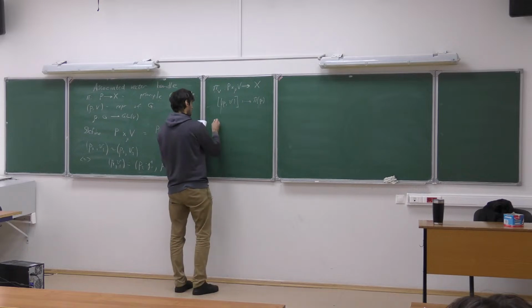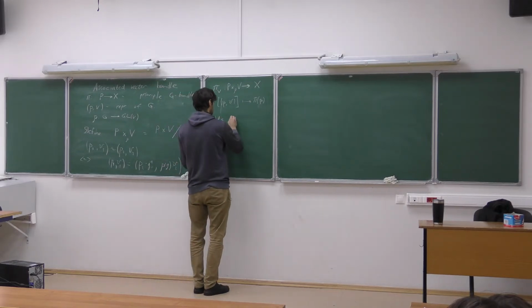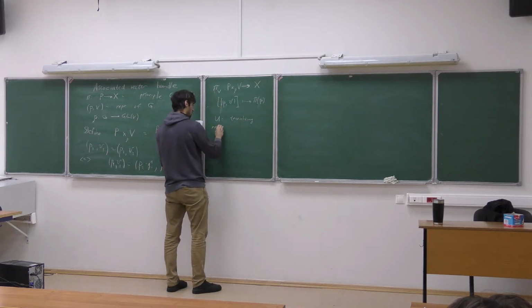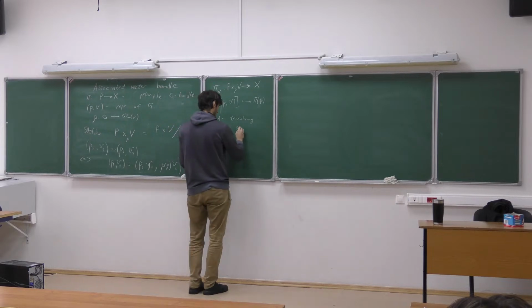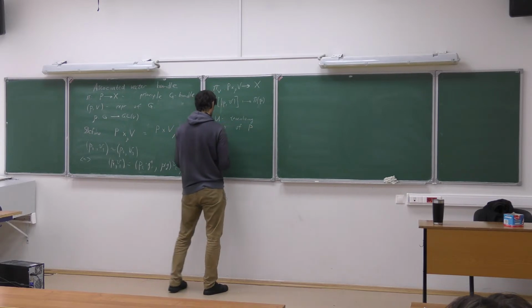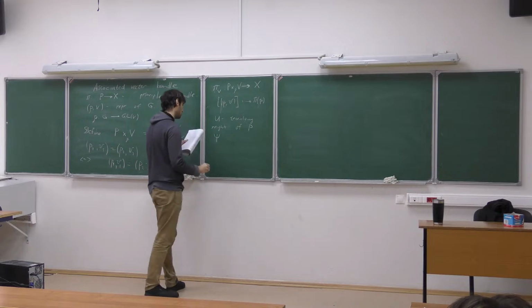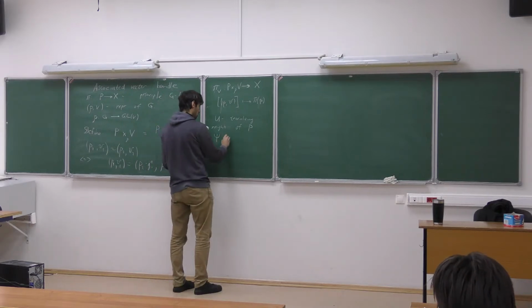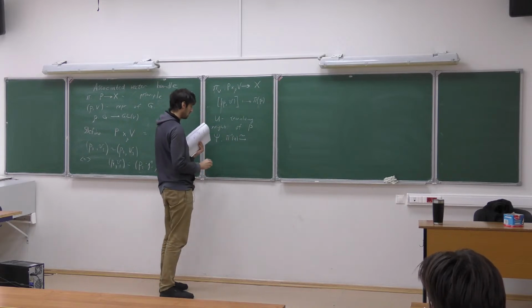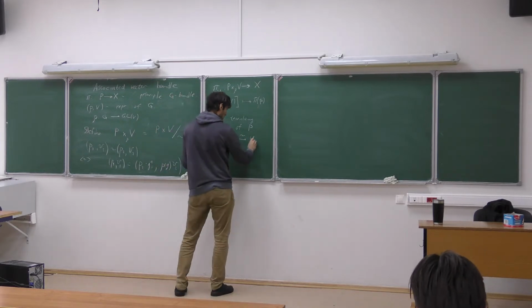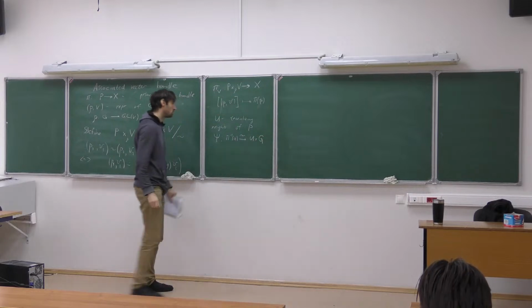So let me take U, which is a trivializing neighborhood of our principal bundle P, right? So therefore I have a diffeomorphism psi from pi inverse of U to U times G.